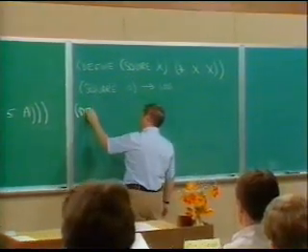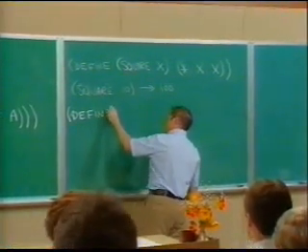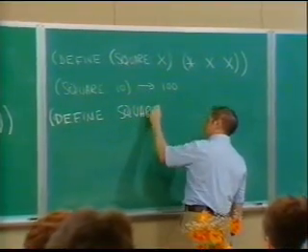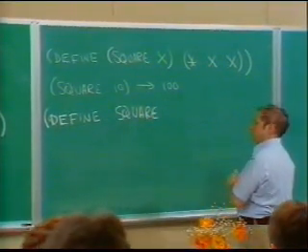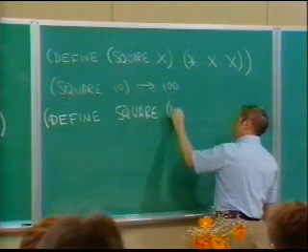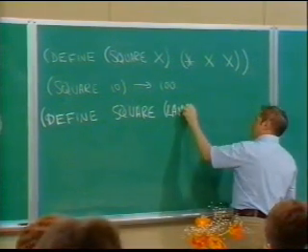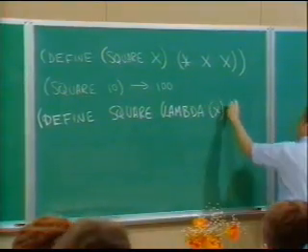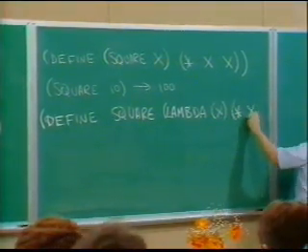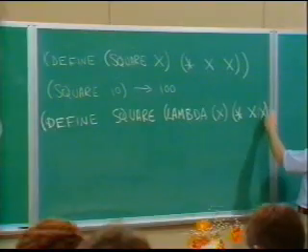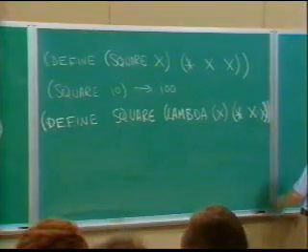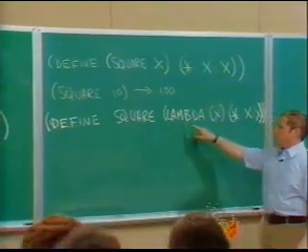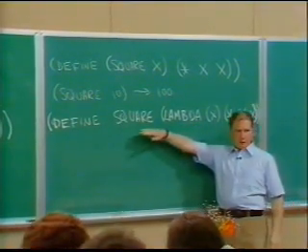I'll say define square to be lambda of x times x. Here I'm naming something square.